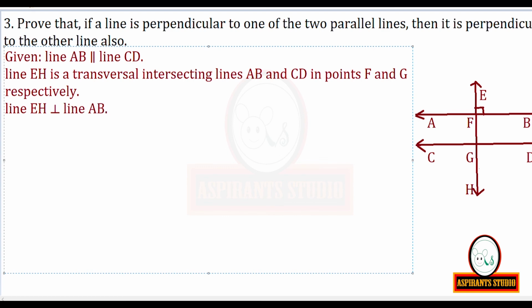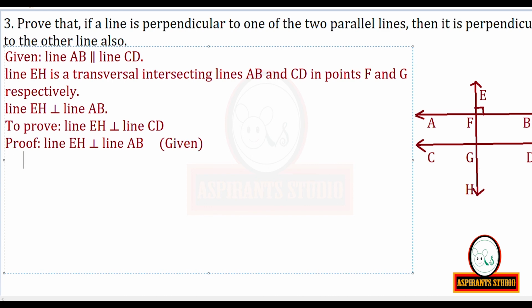We have to prove that the same line EH is also perpendicular to line CD. Because we have to prove that if a line is perpendicular to one of the two parallel lines, then it is perpendicular to the other line also. We have taken the parallel lines to be line AB and line CD.